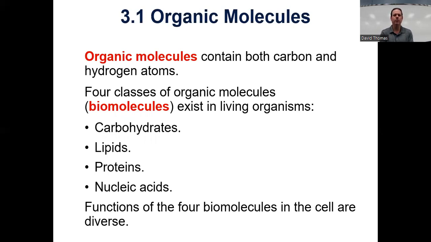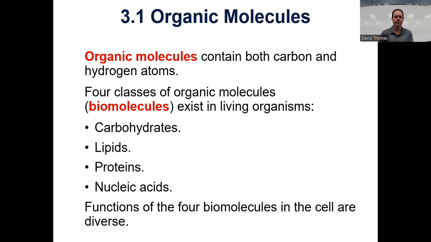But in this case, the word organic as it applies to chemistry means that the molecule has carbon and hydrogen as part of that compound. It probably will have other elements as well, but by definition it should have carbon and hydrogen.